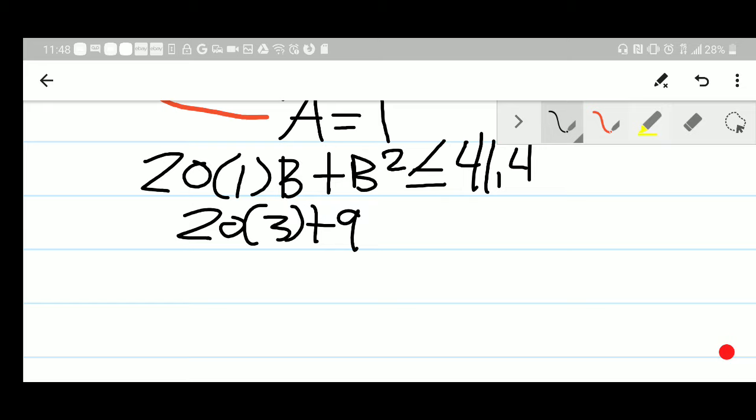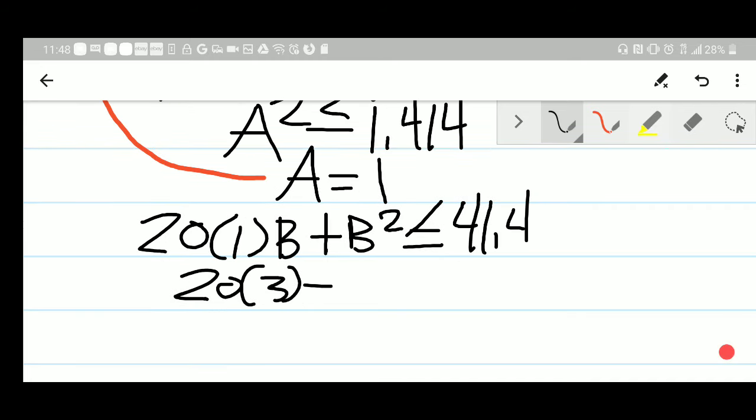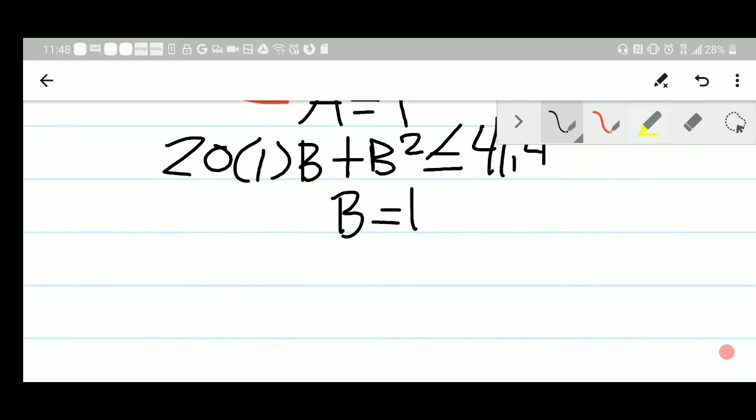Wait, I think that's too much as well. Okay, that's too much. So 2. Okay, I went the wrong way. I should have gone 1 instead of 3. 2 is too much, so we got to go back to 1. So b is 1. So 20 times 1 is 20, plus 1, less than or equal to 41.